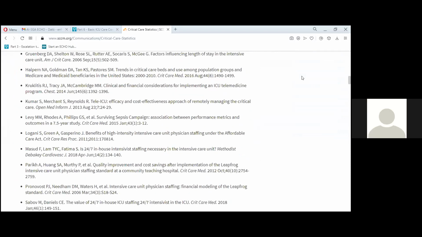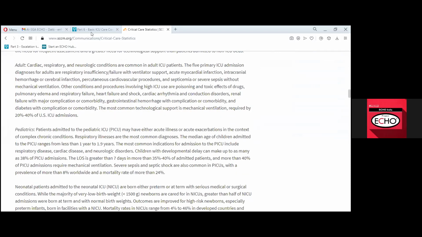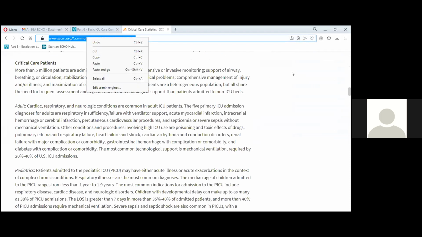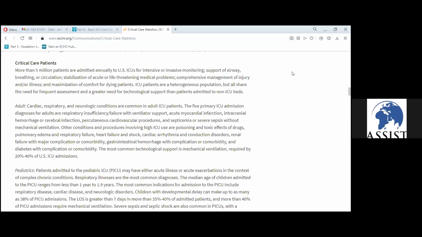Well, it has some issues on critical care patients and so on, but we know majorly patients come into the ICU either to receive close monitoring, a high level of monitoring and care that is not available in the traditional ward, and also for organ support that will require support for one or more organ systems.